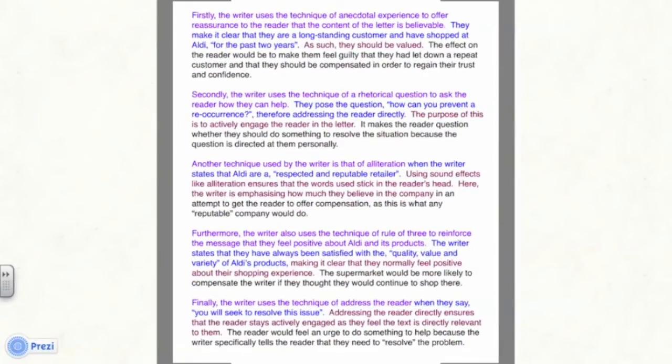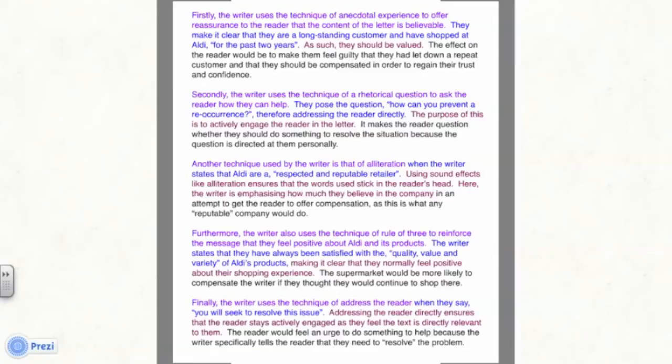We start with "firstly", which is a really good way to start your answer. It shows the examiner that you've structured your answer into separate paragraphs. "Firstly, the writer uses the technique of anecdotal experience to offer reassurance to the reader that the content of the letter is believable." That's your point. You've told the examiner that the writer has used anecdotal experience as a language feature, and you've explained how they use it.